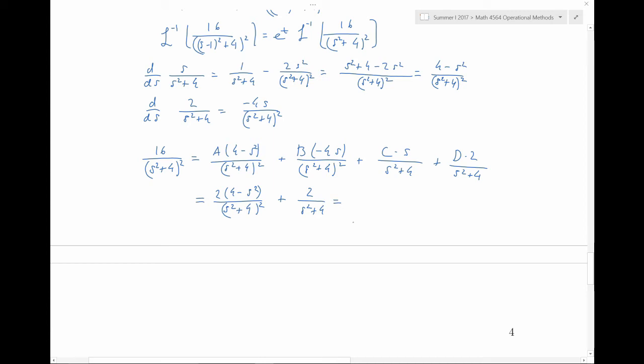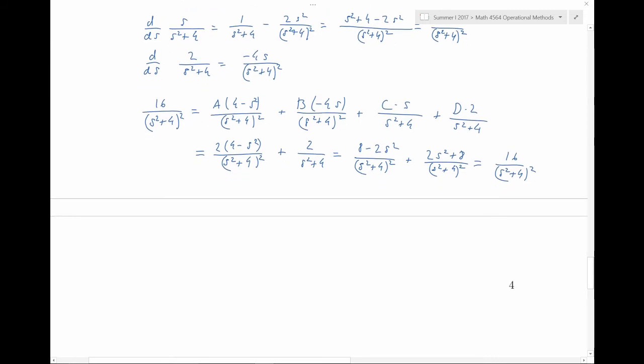If you try to simplify it, you're going to get (8 minus 2s squared) over (s squared plus 4) squared plus (2s squared plus 8) divided by (s squared plus 4) squared, and you can easily see that this does simplify into 16 over (s squared plus 4) squared.